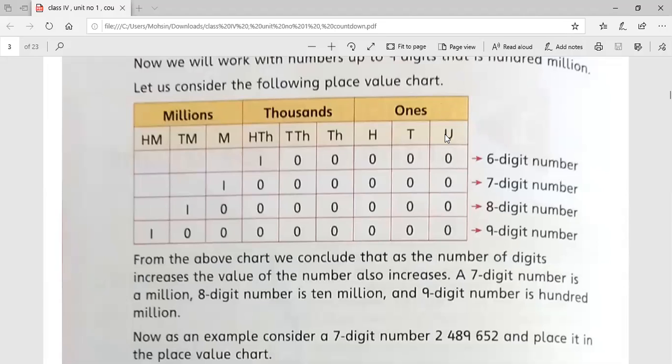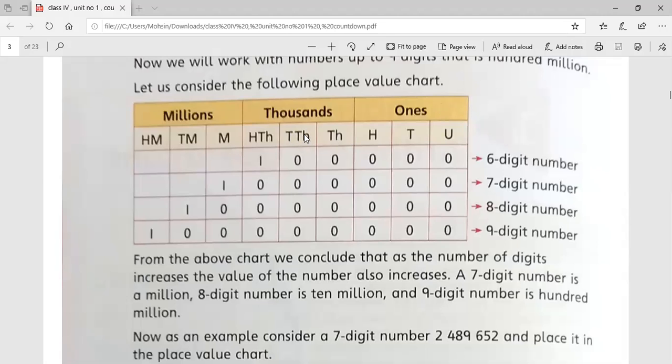Under ones, they write unit, 10 and 100. Again, unit, 10, 100, then 1000. TH means single thousand, 1000, and this T shows that we have 10,000.